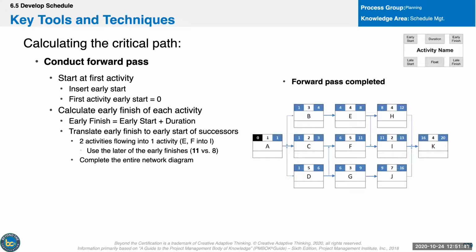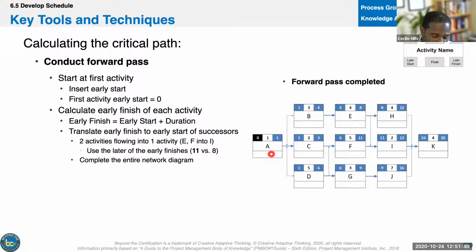Then we say, okay, well, activity B is dependent on activity A. Activity D is dependent on activity A, and activity C is dependent on activity A, or they are predecessors.